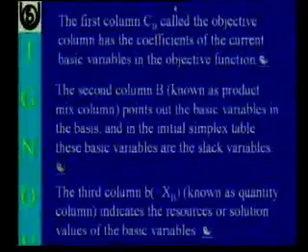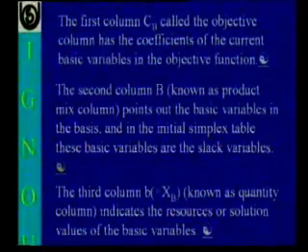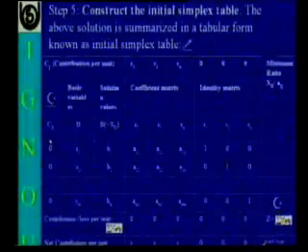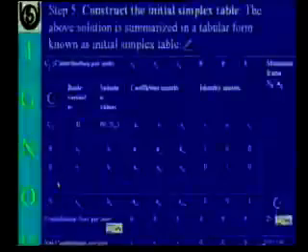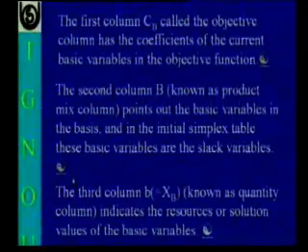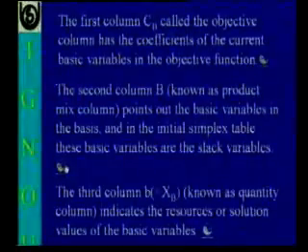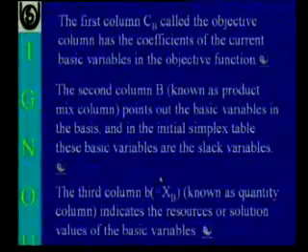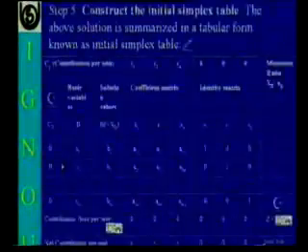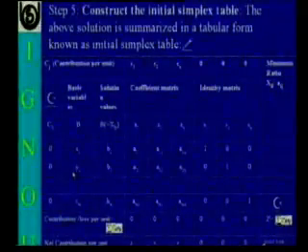The first column is called the objective column. This is our objective function coefficient, which we have taken, for when x1, x2 are 0. The second column points out the basic variables in the basis, and in the initial simplex table these basic variables are the slack variables s1, s2 and sm.